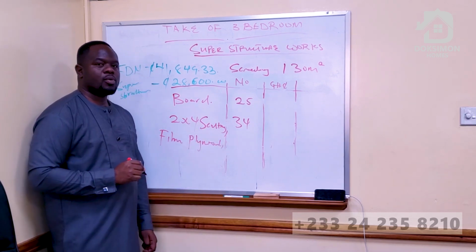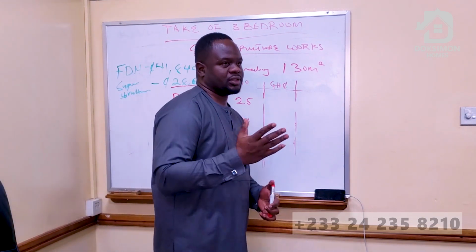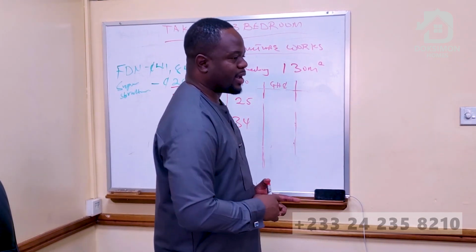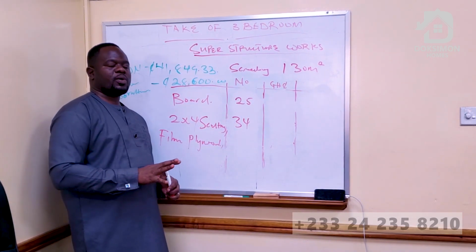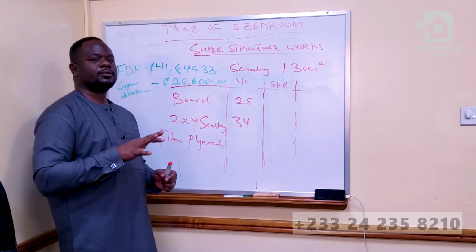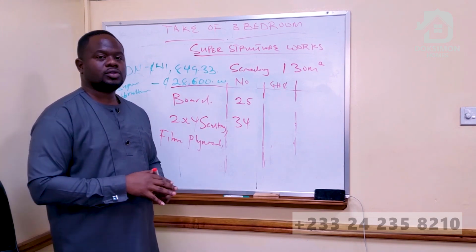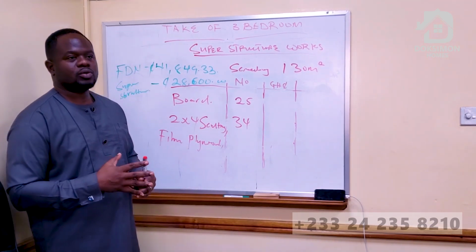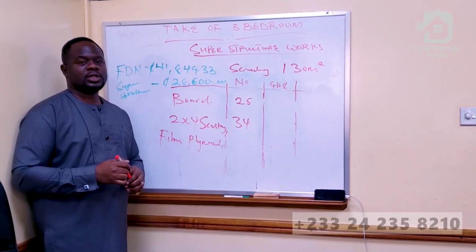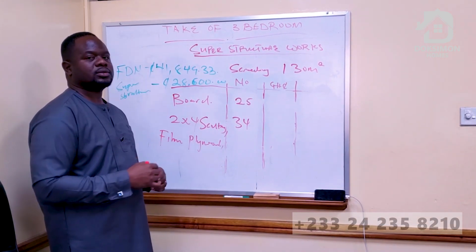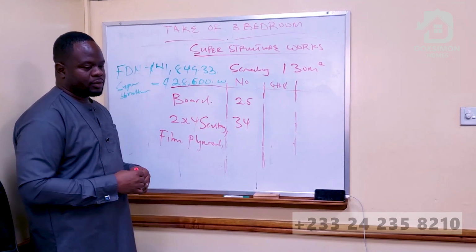Others may call it marine board. Marine board gives you a smooth finish. Otherwise, you can still buy the Wawa board and use a polythene sheet so that when the concrete comes on the prepared floor, it will not create bonding between the wood and the rubber. Okay, so we need a film plywood.